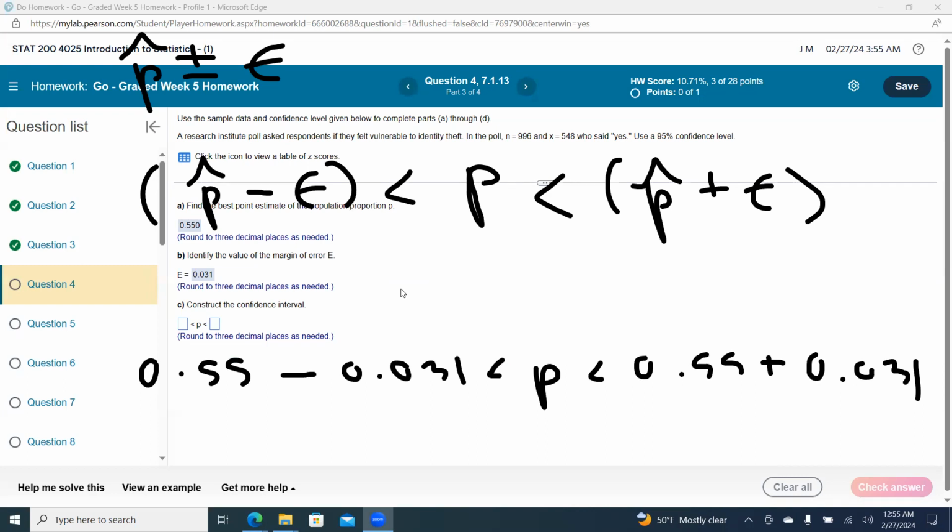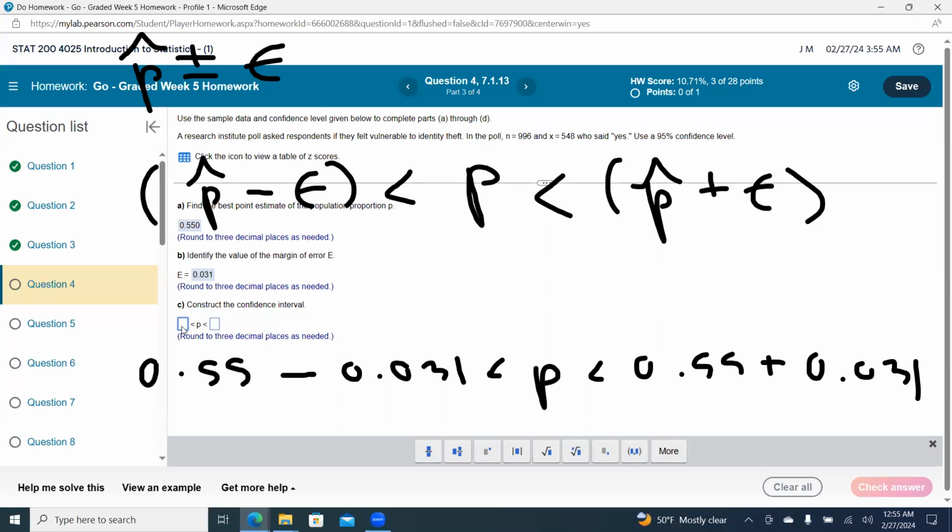So I'm getting 0.519 less than p less than 0.581.